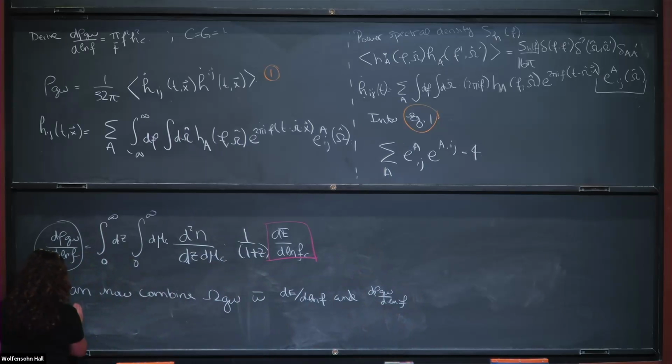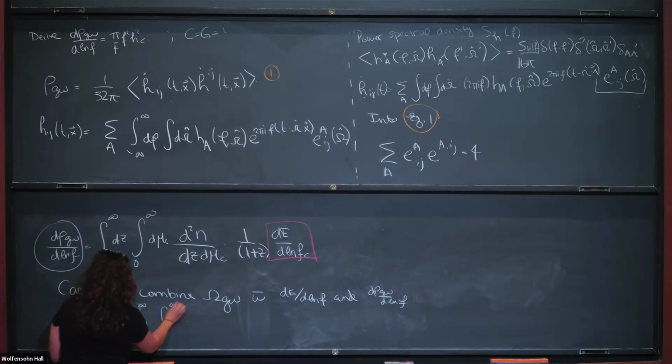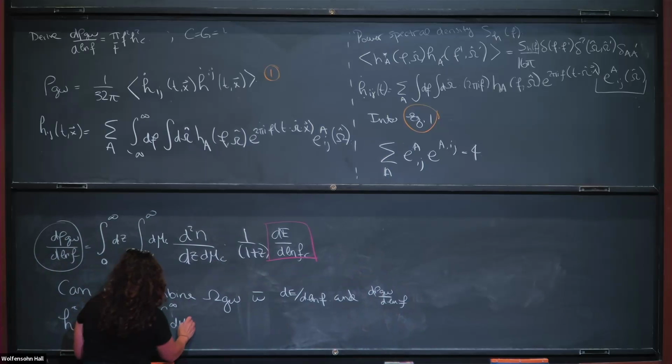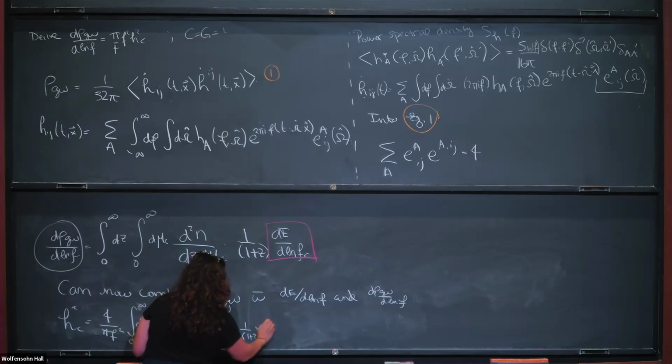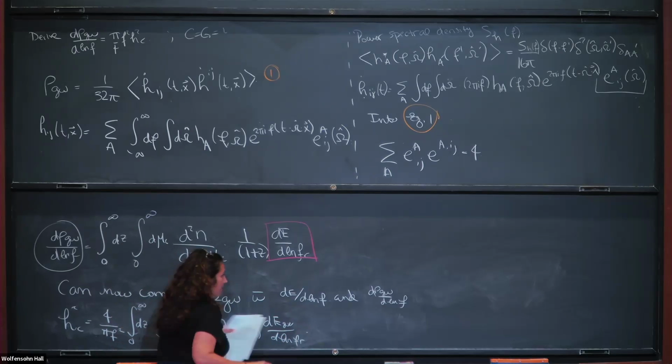And we get that the characteristic strain squared is 4 over pi f squared times this integral in redshift dz, times this integral in chirp mass Mc, our co-moving number of binaries, our redshift factor, and dE GW by d log fr.